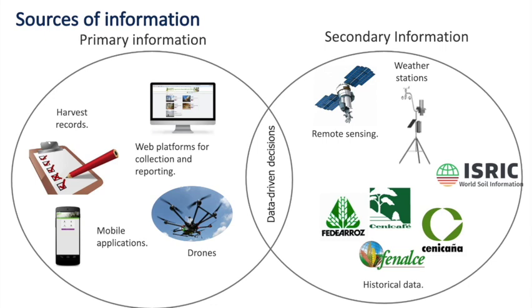And the use of web platforms has become a little bit more popular for collecting information and doing analysis and reporting. So there are producers that use some software platforms that are capturing a lot of information already, and this is direct information that comes directly from the producers. Others are using mobile applications, for example. It's another easy way to collect information.